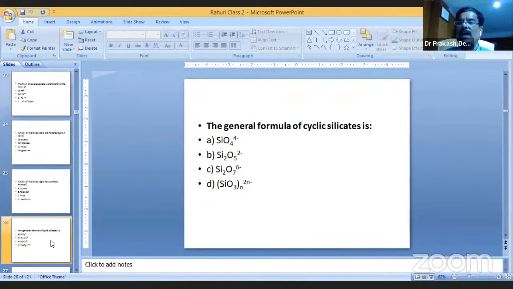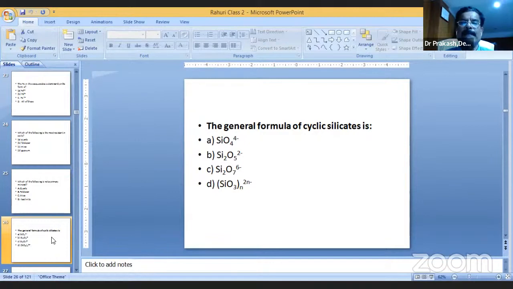The general formula of cyclic silicate is... In cyclic silicates, the units can be 3 or 6. And 3 and 6 are not there in any of the choices.